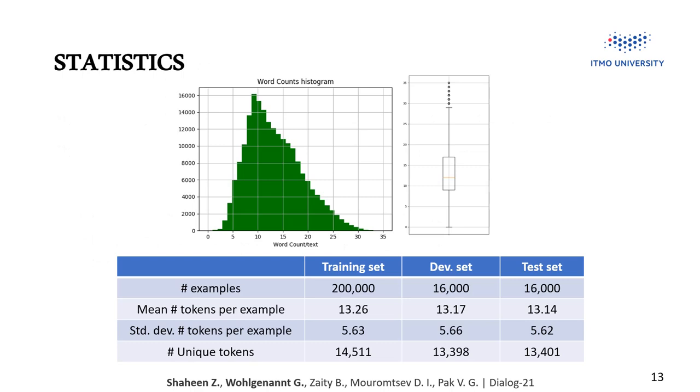Here are the statistics for each split of the dataset. We show the number of examples, mean and standard deviation, and the number of unique tokens.